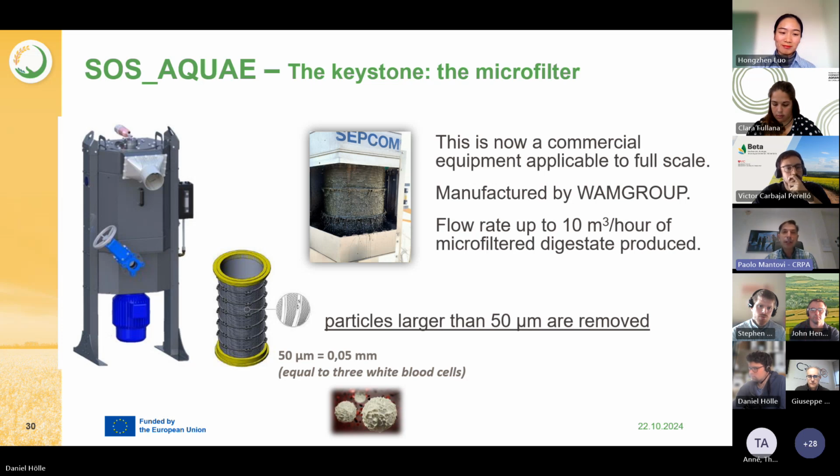This is now a commercial equipment that is applicable to full scale, is manufactured by VAM Group, and the flow rate can reach 10 cubic meter per hour of microfiltered digestate produced. The cost of this equipment can vary between 30 to around 40,000 euros. Next, please.